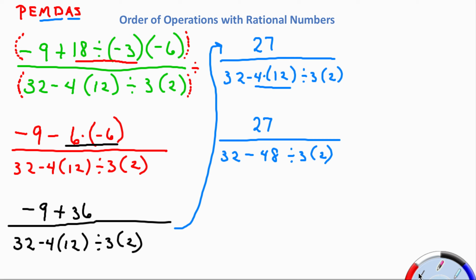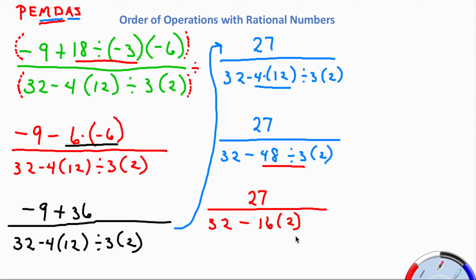Okay, I'm still working on the multiplication and division because I'm not finished. I'm just doing them in the order that they come. So the 27 I'm done with, but on the bottom I now have negative 48 divided by 3. 48 divided by 3 is 16.